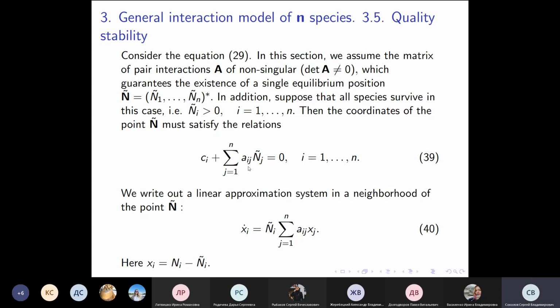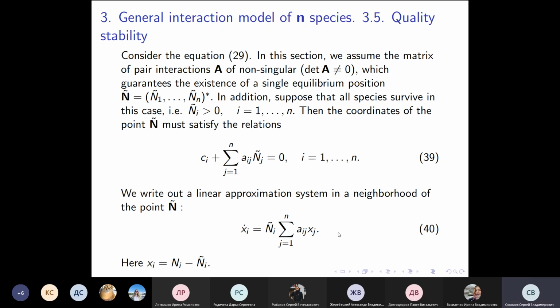Next, let us consider the linear approximation in a neighborhood of our point N tilde. Let xi equal Ni minus Ni tilde, and make the variable change in equation 29. We'll get the linear approximation and some form of the second order.